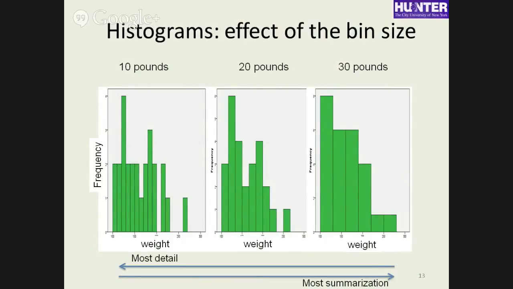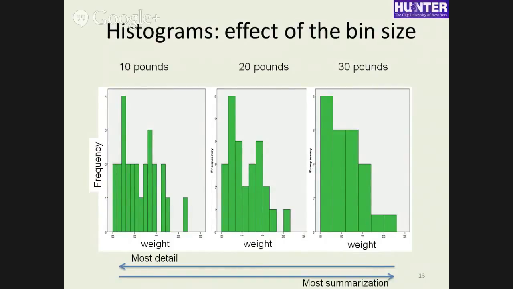The algorithm is a little bit tricky in how it does this automatically. If you have a few data points, it's going to make fewer and larger bins. If you have more records, it's going to try to make more fine distinctions. Just be aware that when you click on the button to get the bar chart, there's some automatic decision being made about how to categorize your quantitative data into discrete bins.